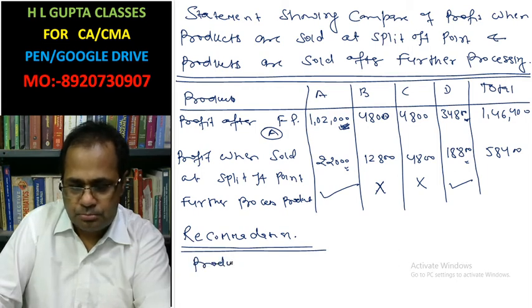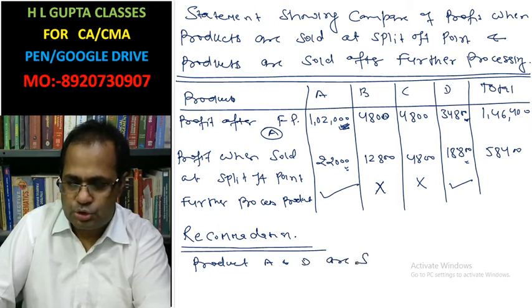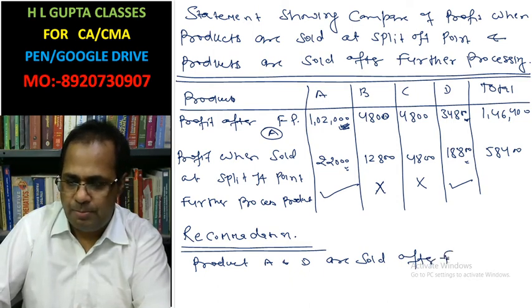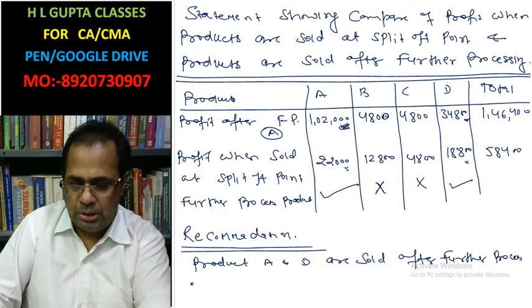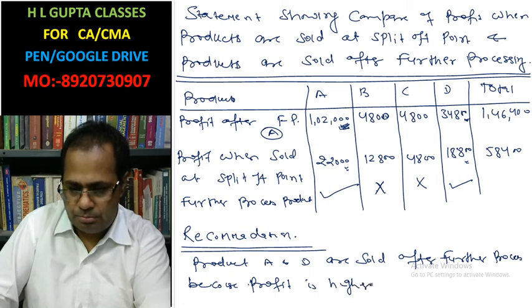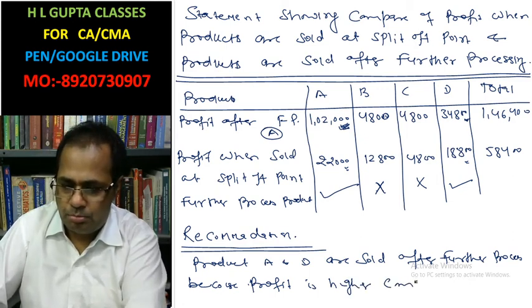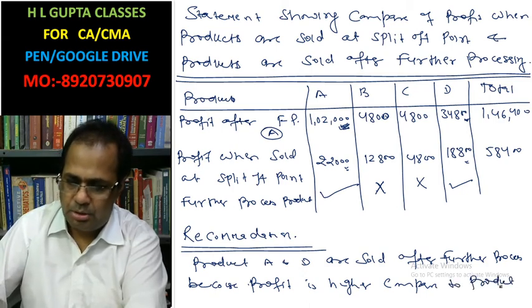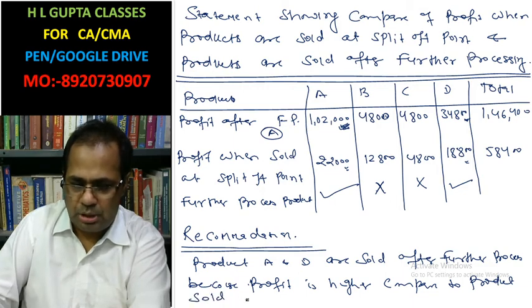Products A and D are sold after further process, because profit is higher compared to products sold at a split-off point.